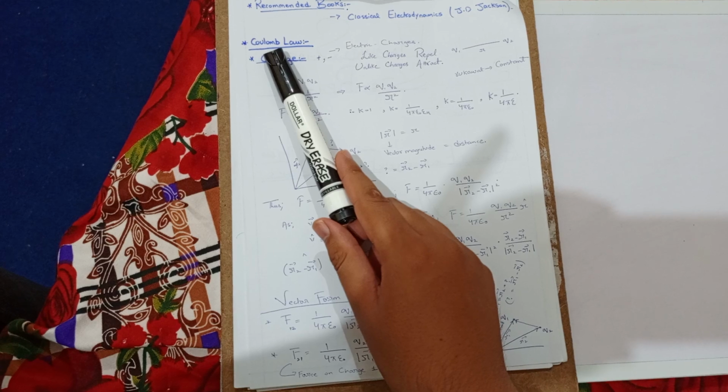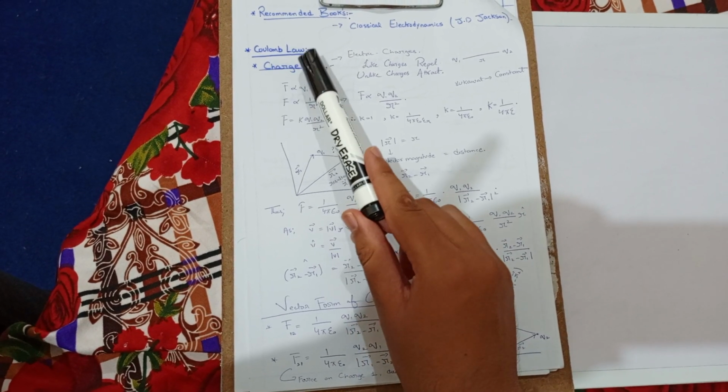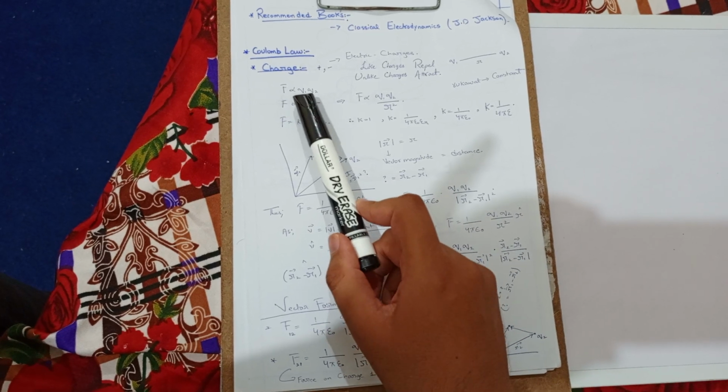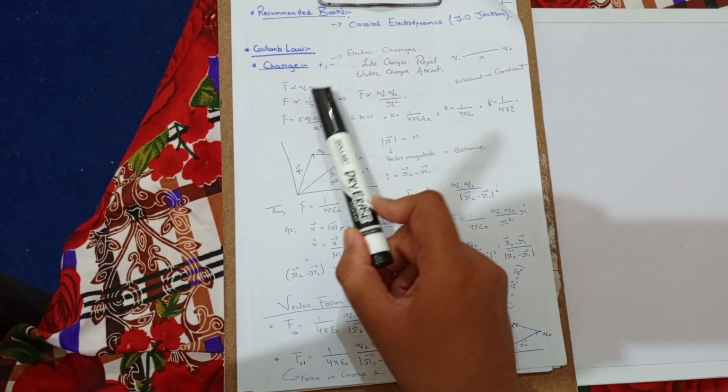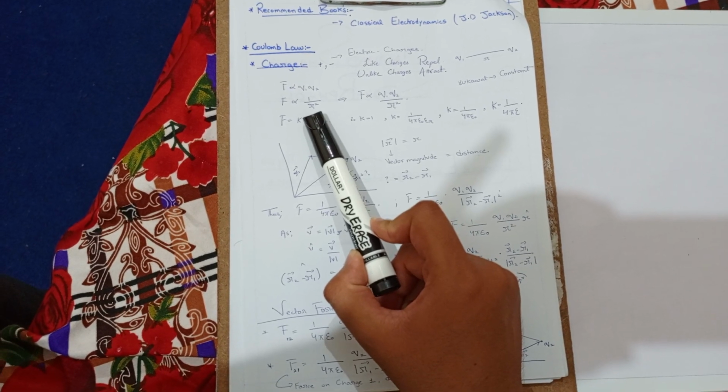This force is known as the Coulombic force, and this is the so-called Coulomb's law, in which force is directly proportional to the product of charges and inversely proportional to the square of the distance between them.